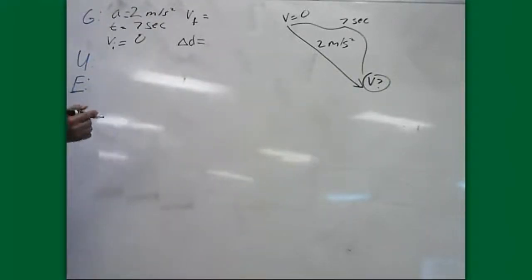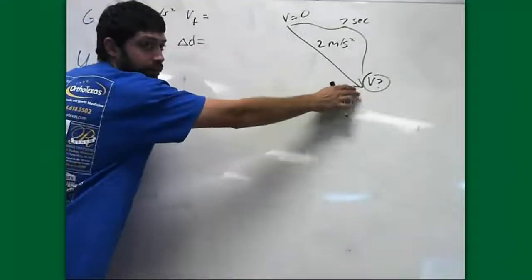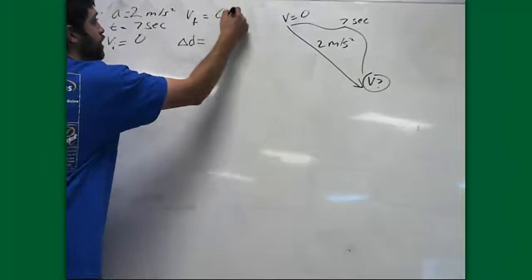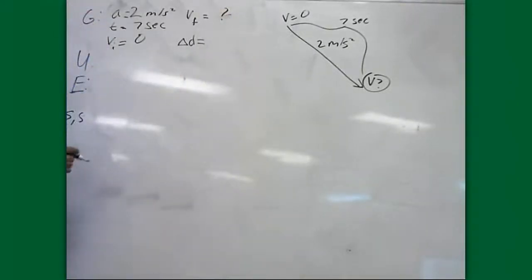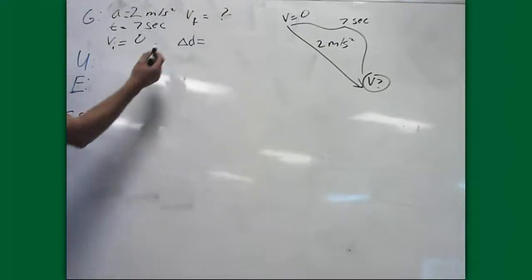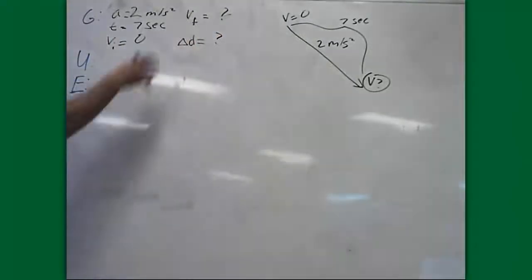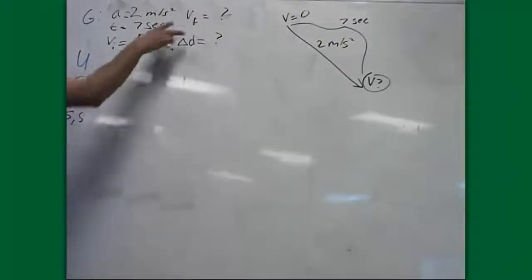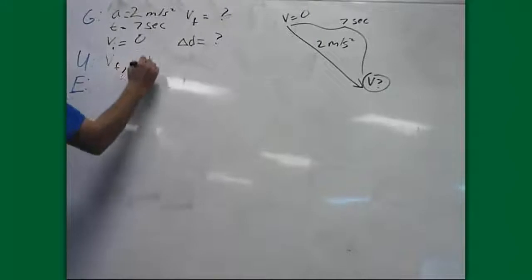Do I know the final velocity? No, I don't. I'm not given that in the problem. In fact, that's one of the things that I want to find, the final velocity, the velocity at the end of the run. Do I know delta D, the distance? No, I do not. I'm not given that. I'm going to transfer these two down to here because these are my two unknowns. I don't know VF and I don't know delta D.